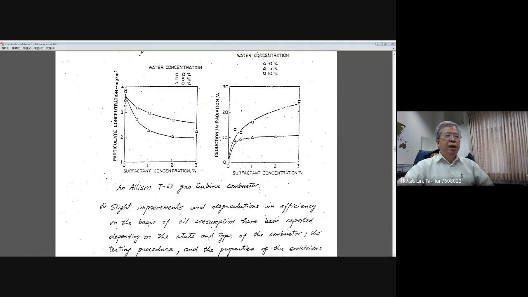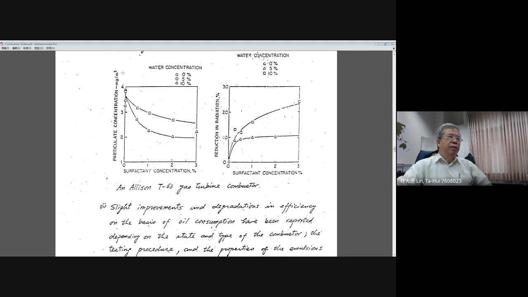In the left figure, they represent different water concentrations: 0% represents pure fuel, then 5% additions, 10% additions, and since they need to add some chemical surfactants, they don't want to show how much percentage of surfactants influences the burning or the results.